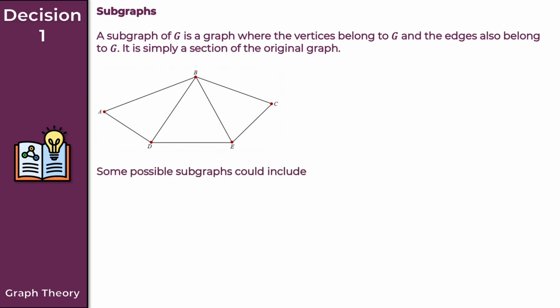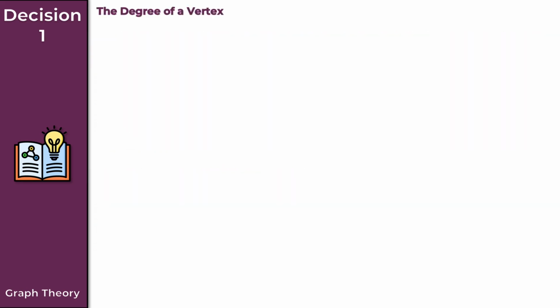Some possible subgraphs could include this example here, just this section of the graph: A, B, D. Another example is this graph here, which is also a subgraph of G, again a portion of the original graph: B, C, E.